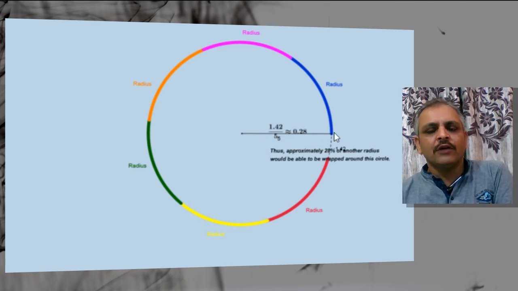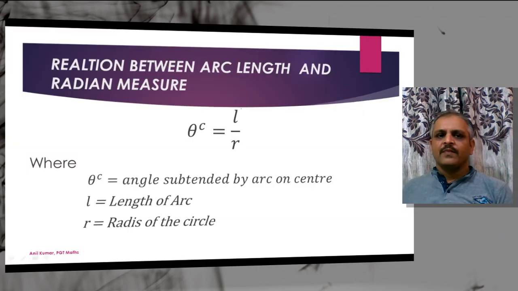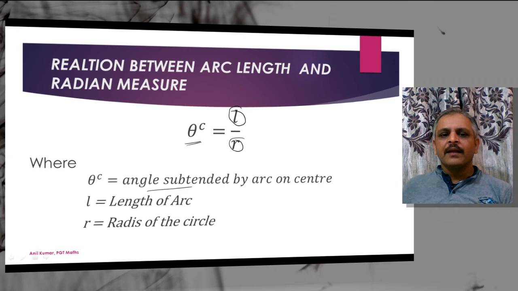So this total is 1, 2, 3, 4, 5, 6 and 6.28. So I got that whatever the arc length is, if I divide by radius, that will be equal to the measurement of the radian, the angle subtended by the arc at the center. This is theta radian, where L is the length of arc and R is the radius of the circle.